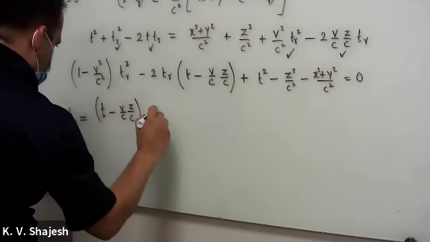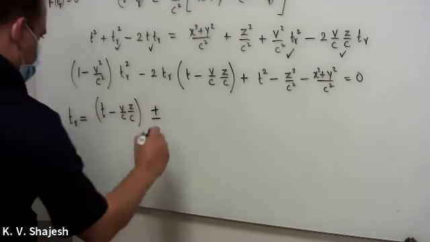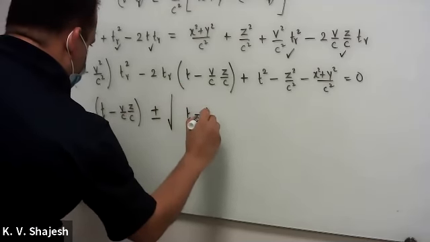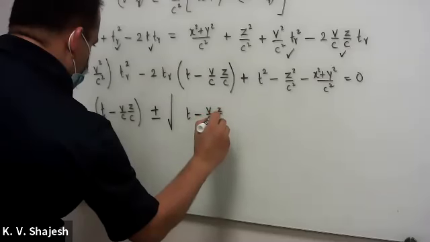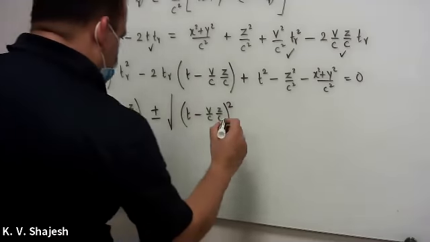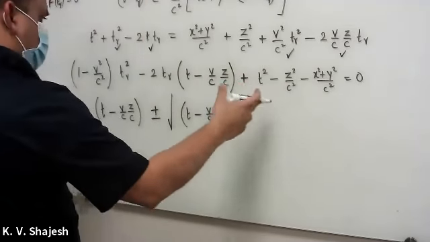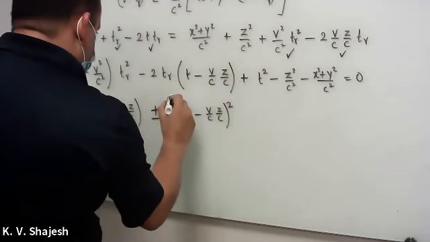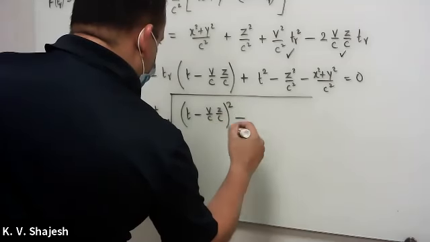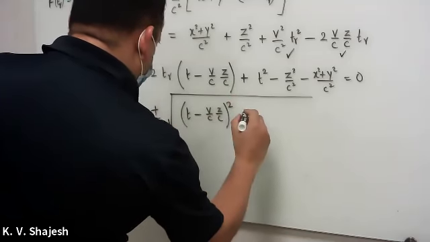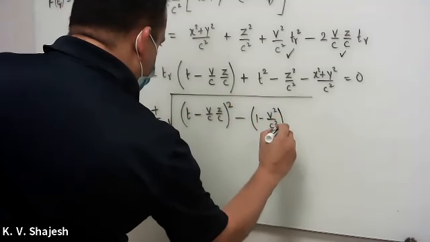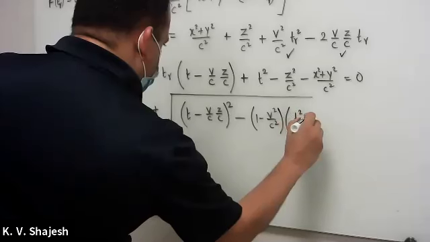plus or minus two solutions, square root of t squared and minus 4AC, right? But 4 cancels out the one from the denominator. So that's minus 4AC, so that's 1 minus v squared over c squared times v squared.